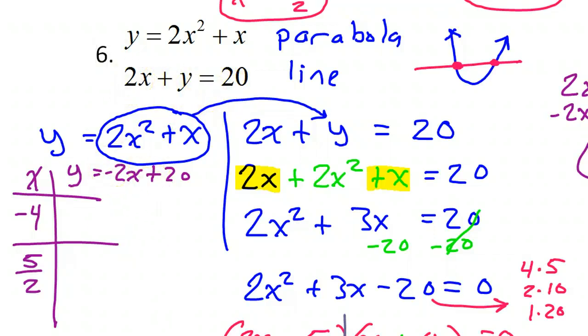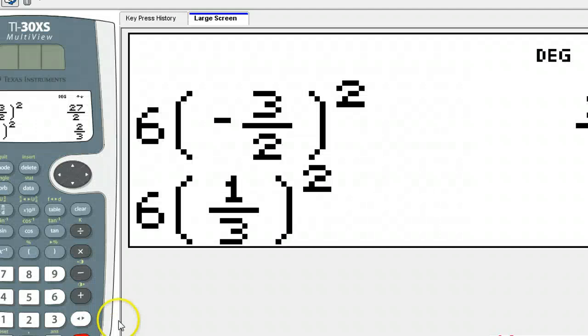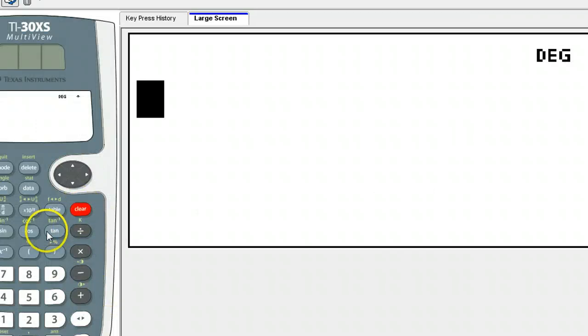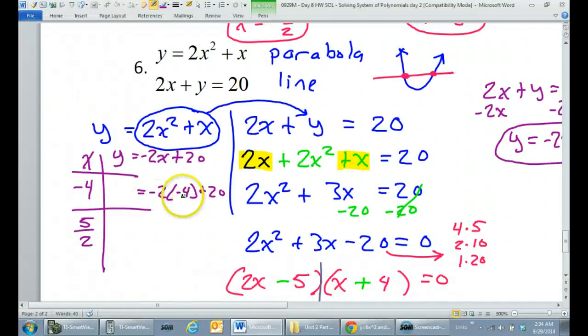Anyway, that's going to give me negative 2 times negative 4 plus 20, which we can do in our heads. Negative 2 times negative 4 is positive 8, so this is just 8 plus 20. That's 28. Now if we do the same thing here, that's negative 2 times 5 over 2 plus 20.